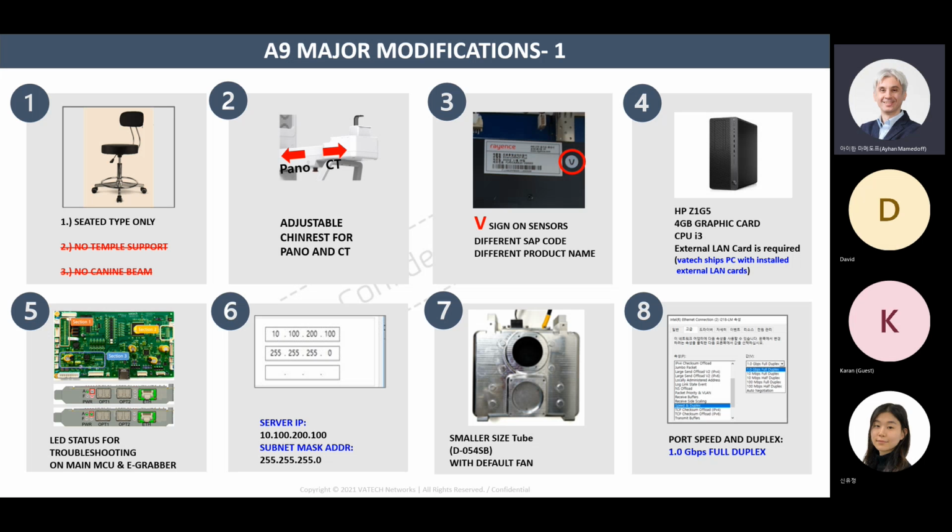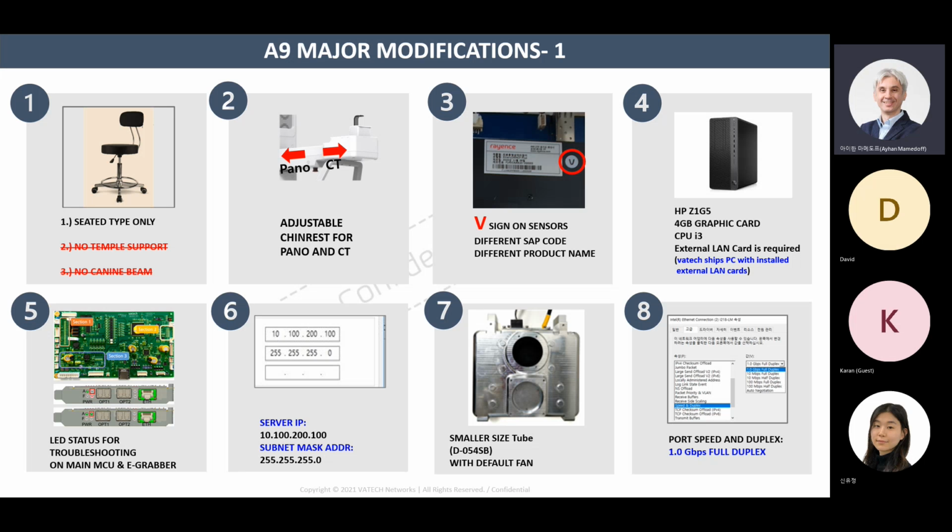If in your country you buy PCs at your own market, then you will also need to purchase external LAN cards for image quality. And you will find the specifications in more detail in the technical documentations that come with the product.